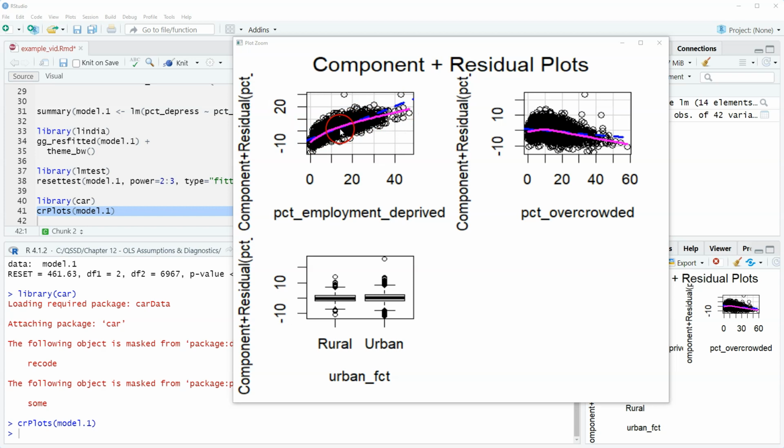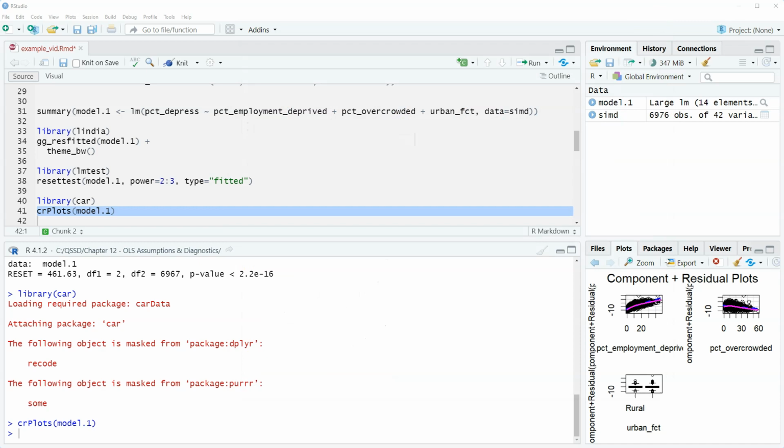This is what it actually is. We see there's this curve here. Same thing, so that's with percent employment deprived. With percent overcrowded, again, here's the blue line, and we see here that this is what it actually is. All right, so it seems like both of these have potential problems. Okay, so there's potential problems with those two variables.